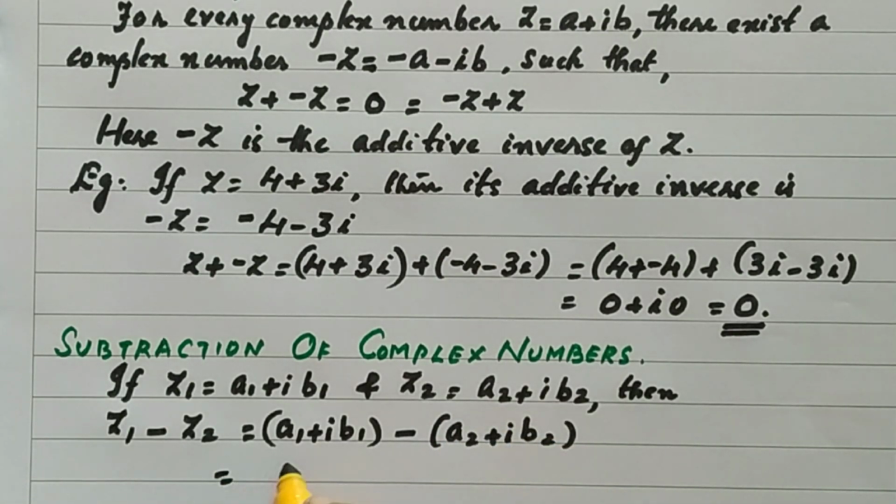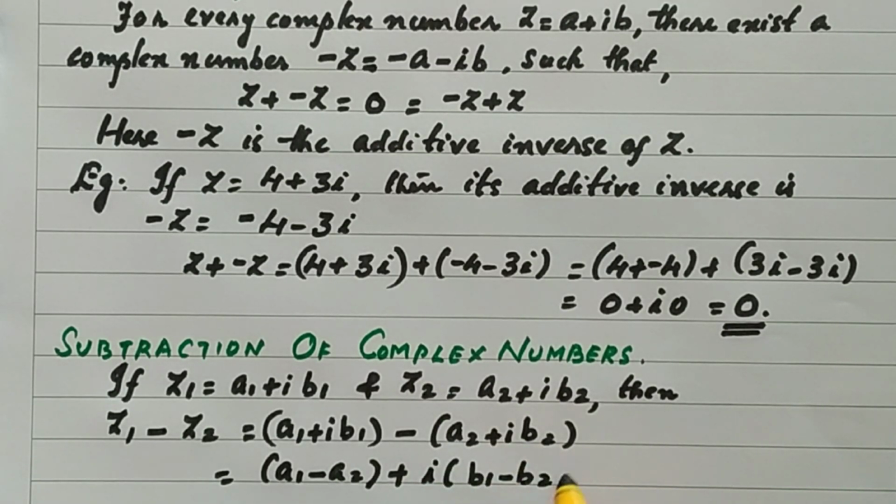How to subtract these two? Subtracting the real part separately, a1 minus a2 in one bracket, plus ib1 minus ib2, i you can take common outside, b1 minus b2. Look at this one. This is also a complex number having a real part and an imaginary part.